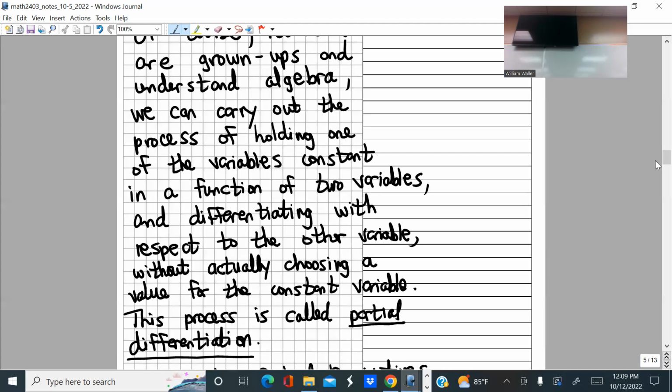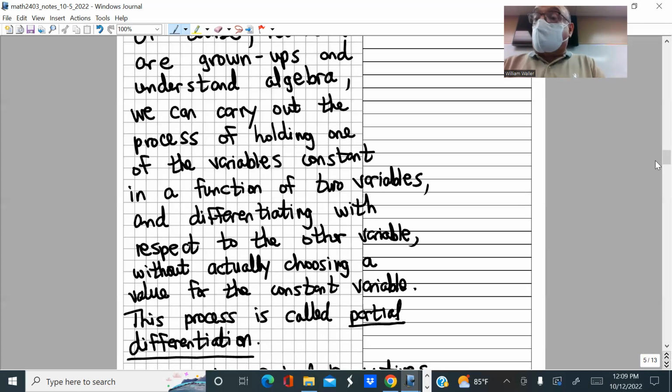We just think of it conceptually: I'm going to let x be some constant value without specifying which value, or let y be some constant value. Abstractly. And then we can differentiate.